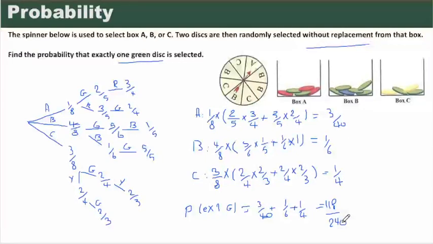If I simplify by 2, it gives me 59 over 120. It's the probability of exactly one green.